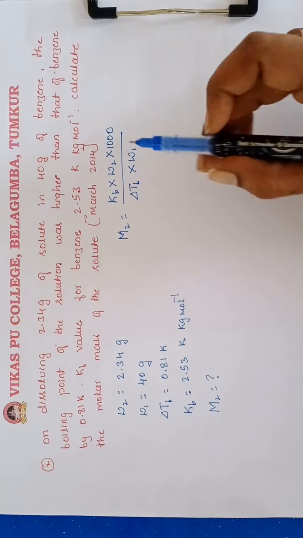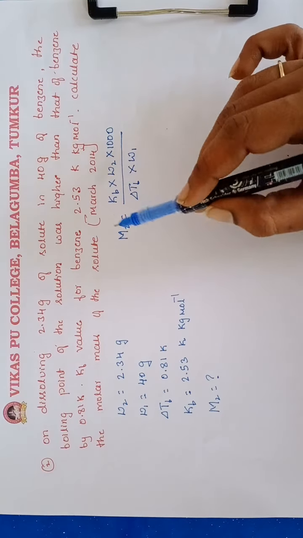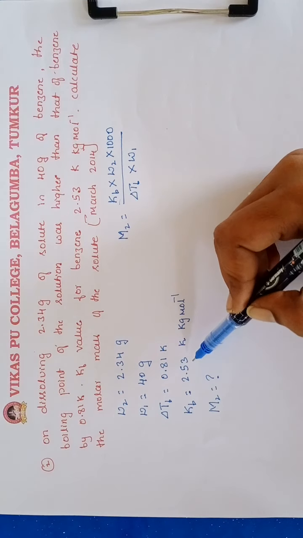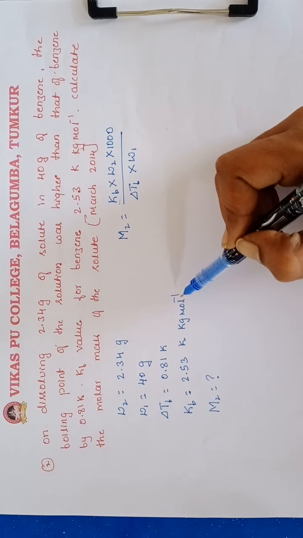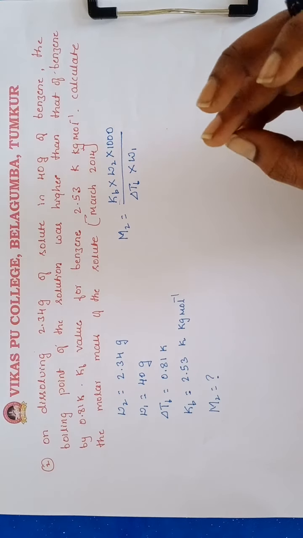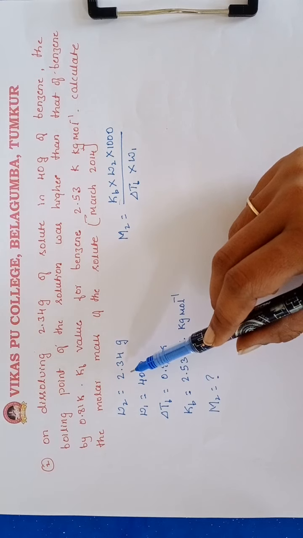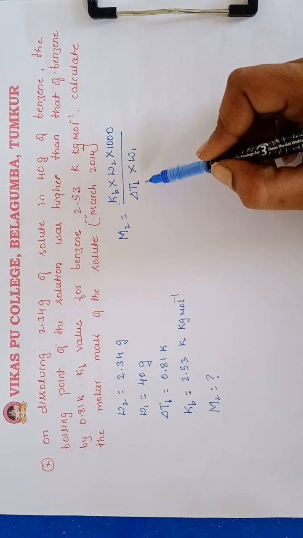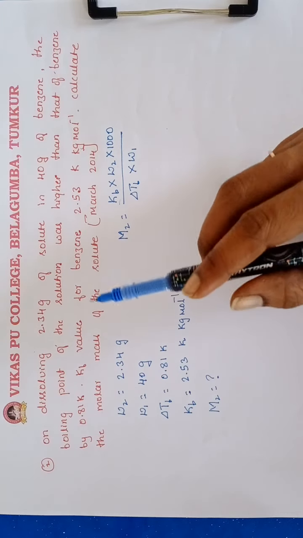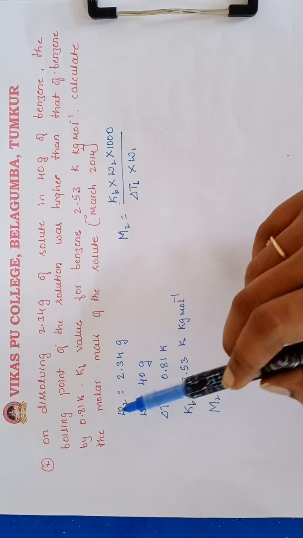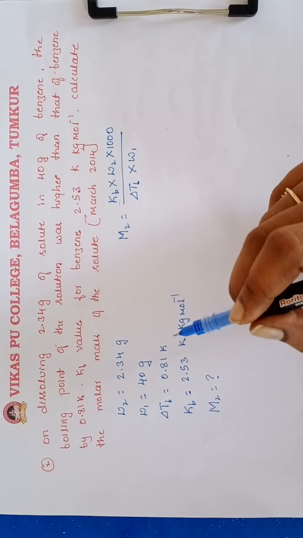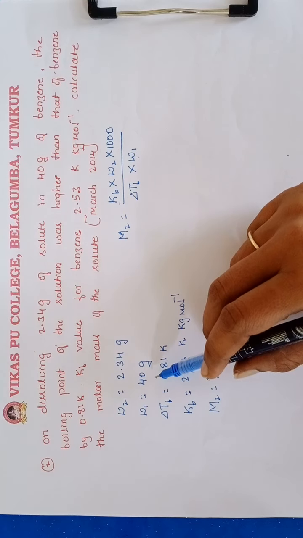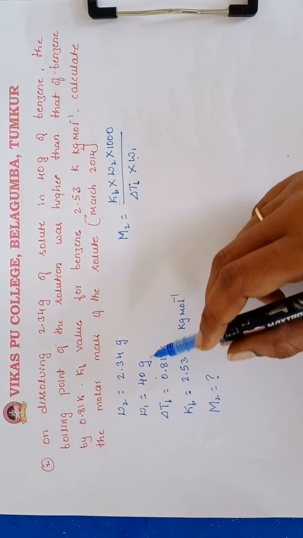All these are given, so we can calculate the molar mass of the solute now. Kb is 2.53 Kelvin kg per mole. W2, the mass of the solute, is 2.34 gram. Then 1000, and delta Tb, the increase in the boiling point, is 0.81 Kelvin. Then W1, the mass of the solvent, is 40 gram.